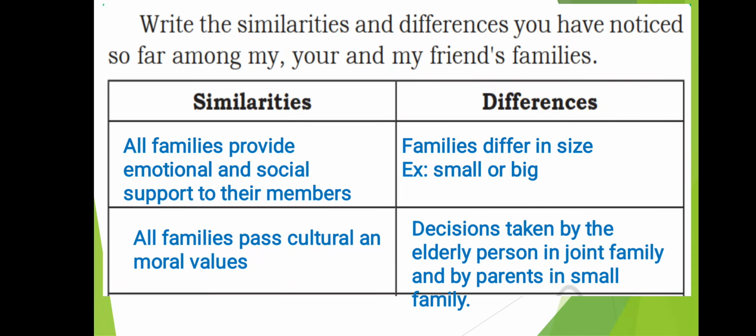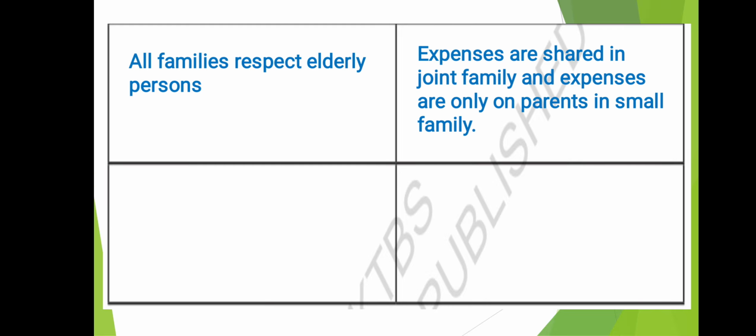Difference: decisions are taken by the elderly person in a joint family and by parents in a small family. Similarity: all families respect elderly persons. Difference: expenses are shared in a joint family, and expenses are only on the parents in a small family.